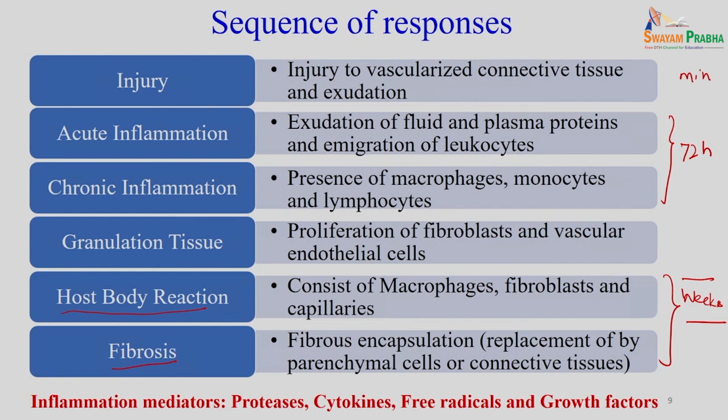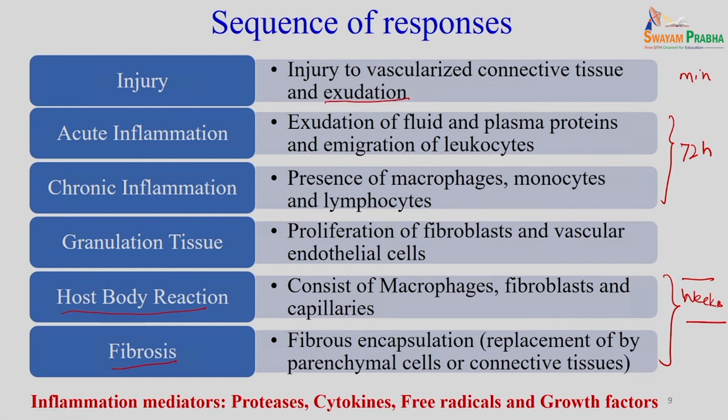During the injury, the vascularized connective tissue is damaged. Whenever there is damage, the blood proteins flow towards the damaged site, which is the process of exudation.